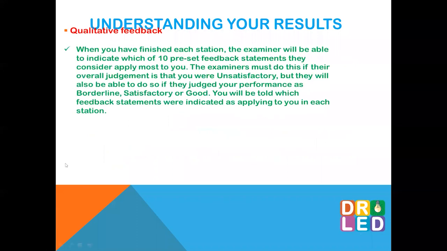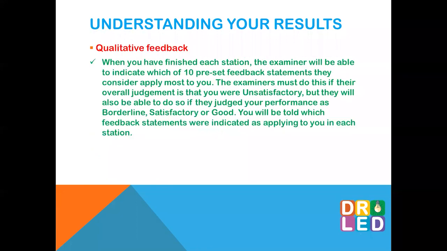You do have another type of feedback, which is qualitative feedback. When you have finished each station, the examiner will be able to indicate which of 10 preset feedback statements they consider apply most to you. The examiners must do this if their overall judgment is that you were unsatisfactory, but they will also be able to do so if they judged your performance as borderline satisfactory or good.